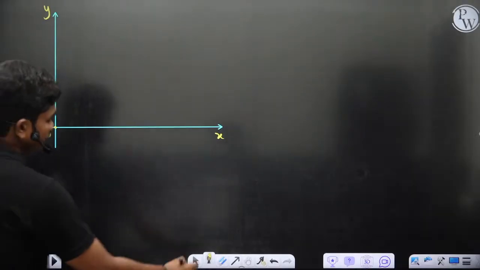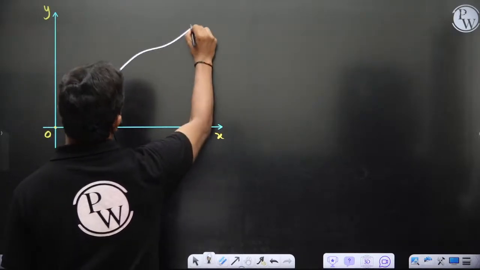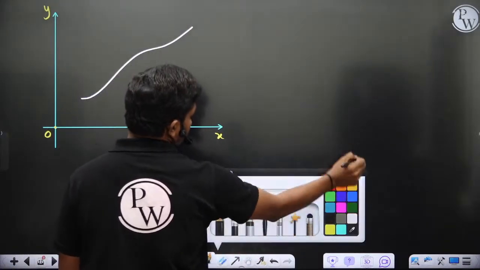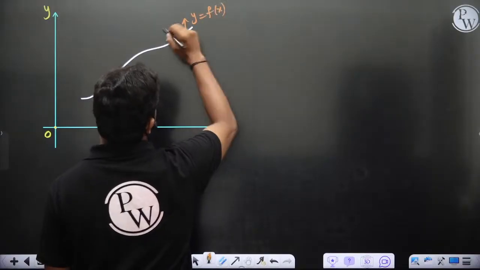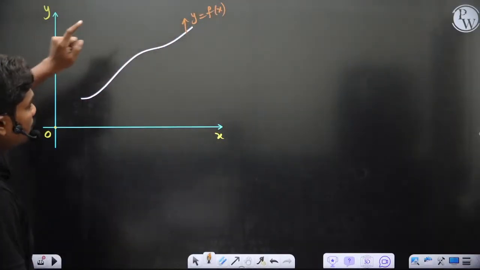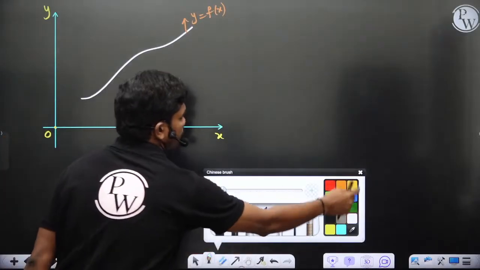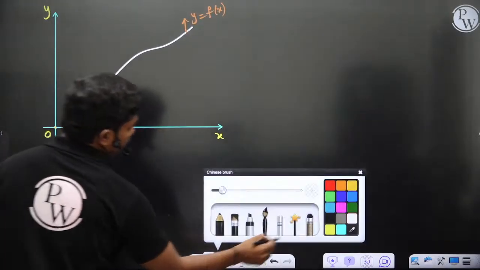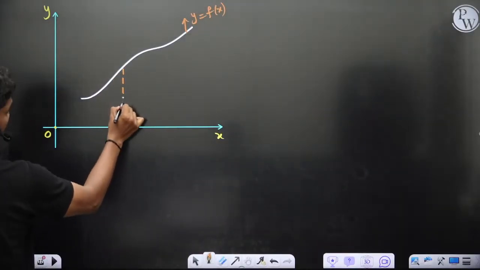If you draw any function, I told you it should be continuous. Of course, you'll come to know why it should be continuous also. So let's say this is some function y equal to f of x. Maybe if this is sin x, or tan x, then we'll have a different shape, whatever. Now try to understand something. Let's say at this point I want to calculate the derivative. Okay, x.